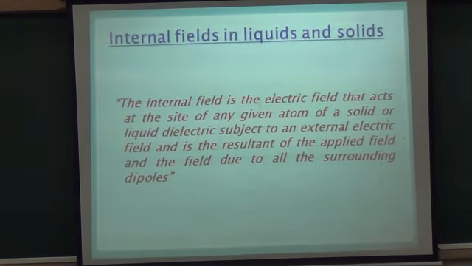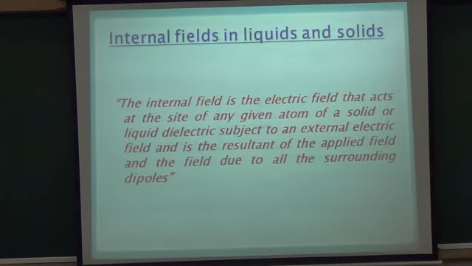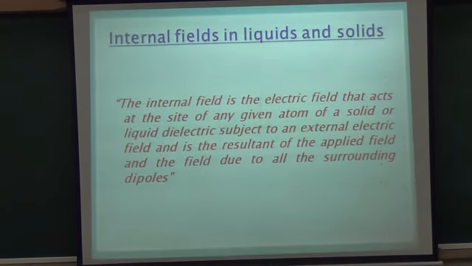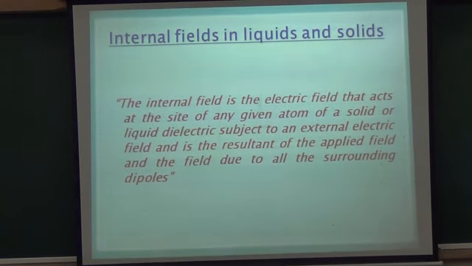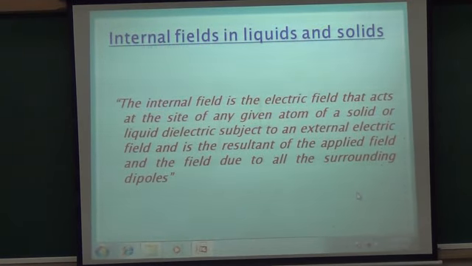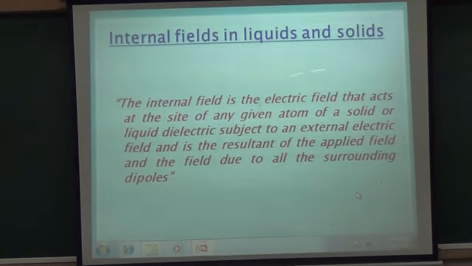So what happens now? There is an external applied field, and therefore there is an induced dipole moment. Hence at a given point, there will be an internal field that acts on the site of the atom in that solid.